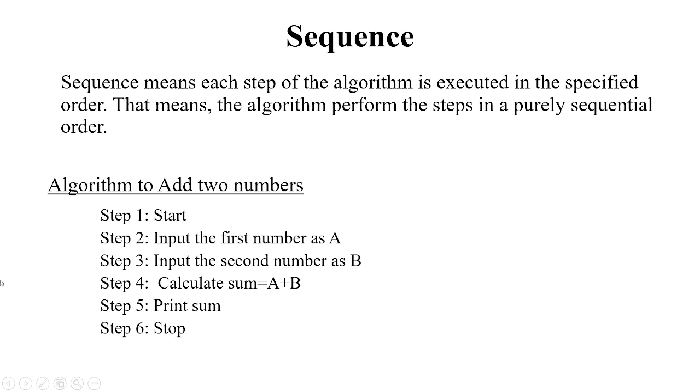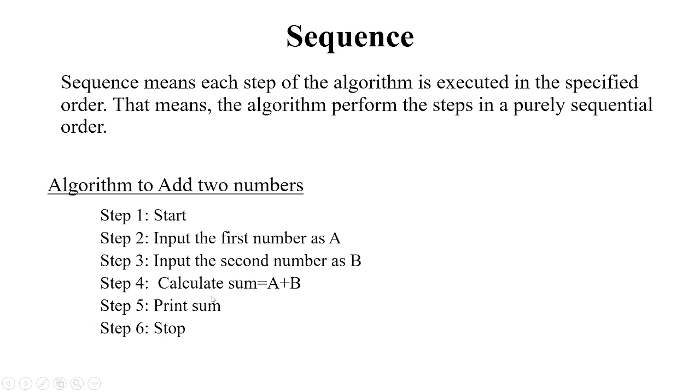When you observe this example, every algorithm will have a title, where this title explains what the algorithm is going to perform. That is, this algorithm is going to perform the addition task of two numbers. And every algorithm starts with a start statement and ends with stop.